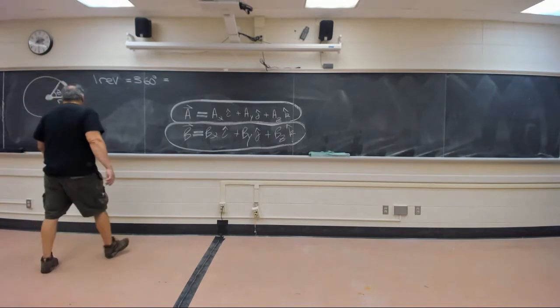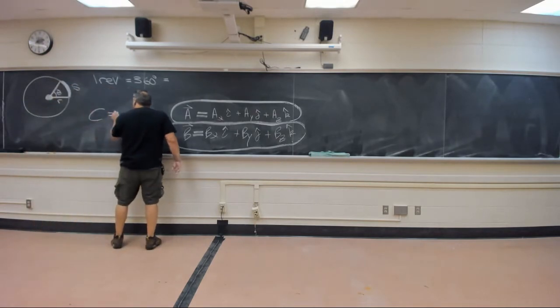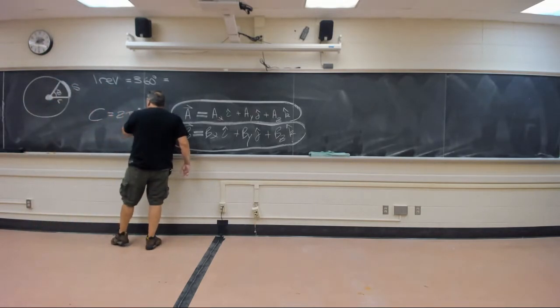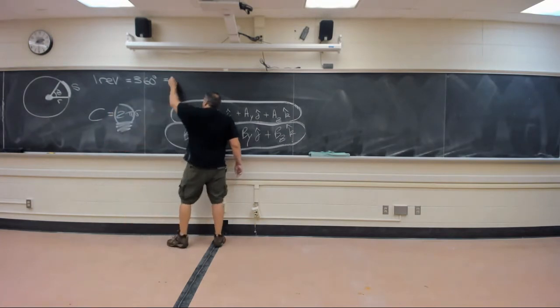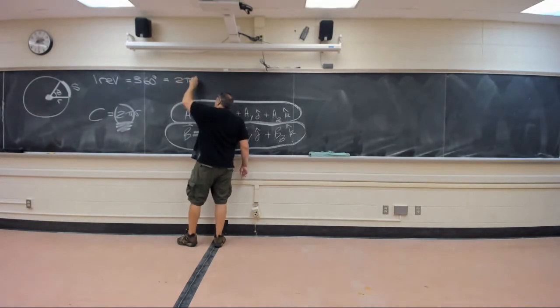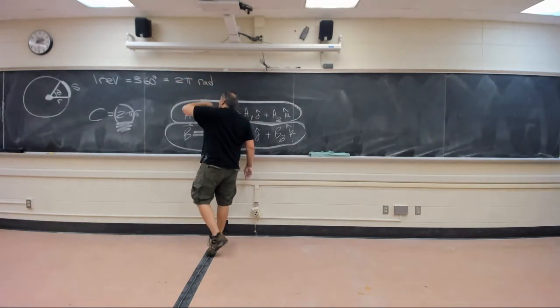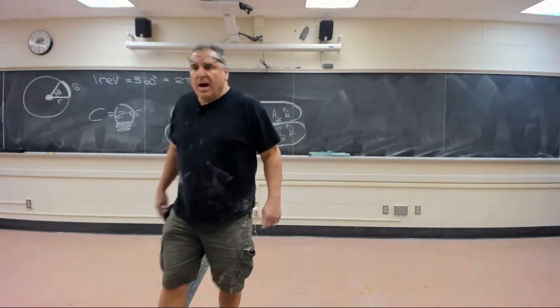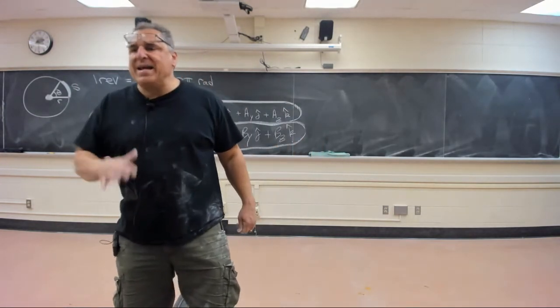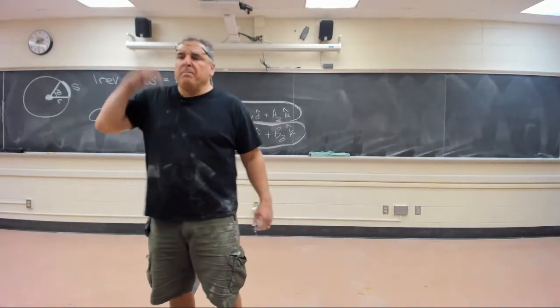Is it true that circumference is 2 pi r of a circle? There are 2 pi radians, about 6.28. About 6.28 radians make up a circle.